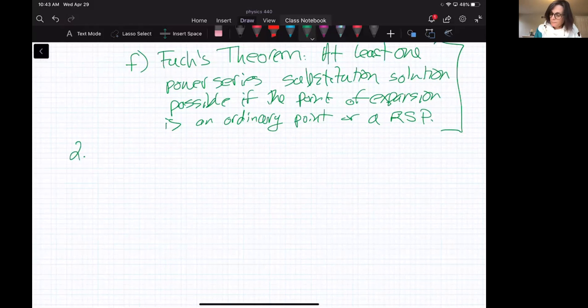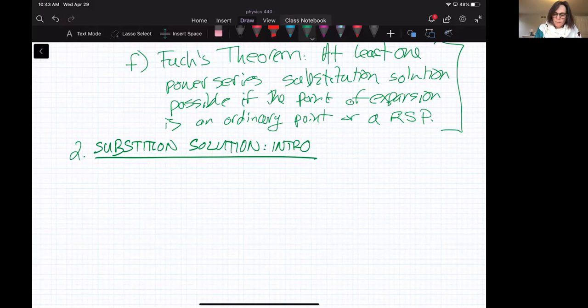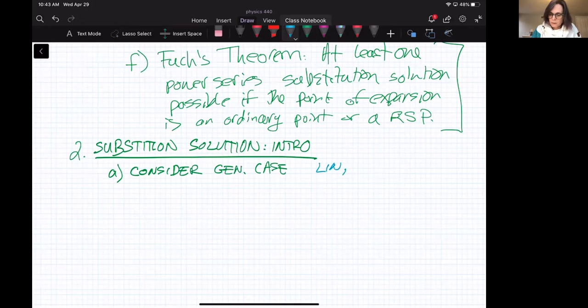Substitution, solution. How do we proceed? All right, so let's consider the general case. The general case is going to be a linear second order ODE. And we can consider homogeneous and non-homogeneous cases too.